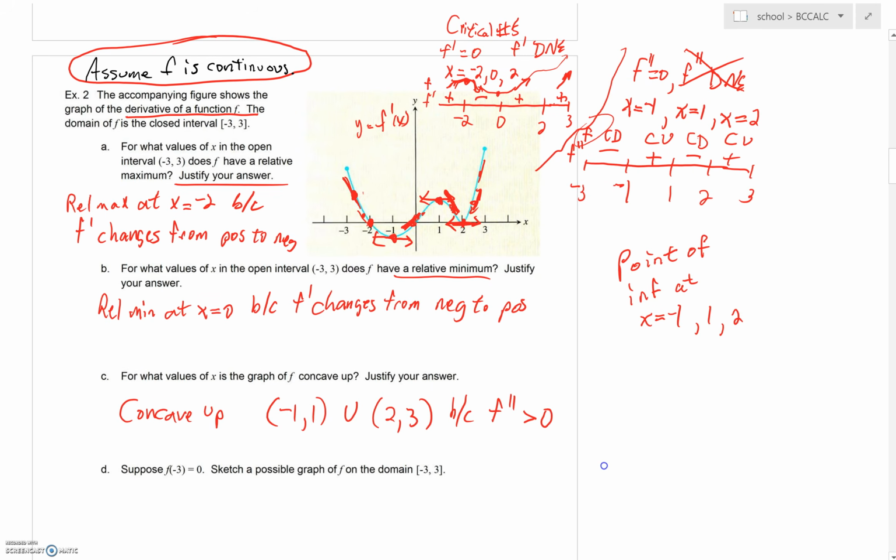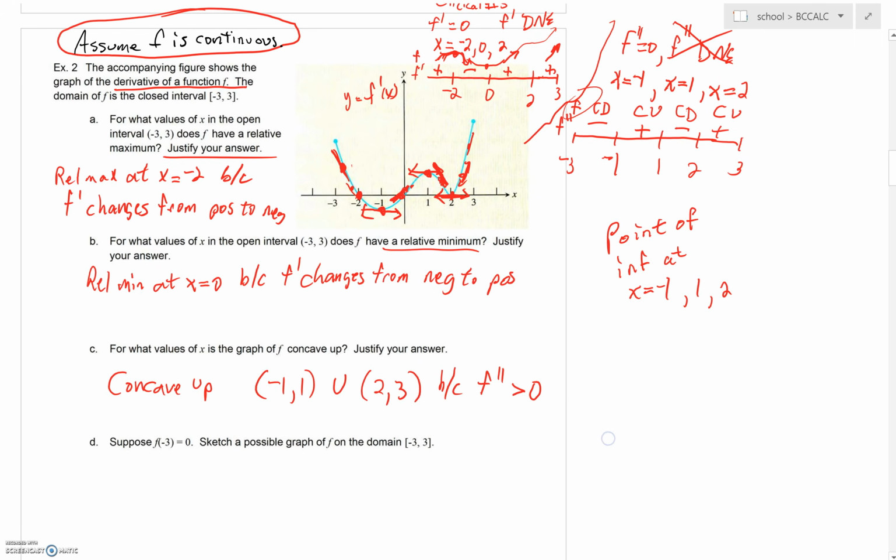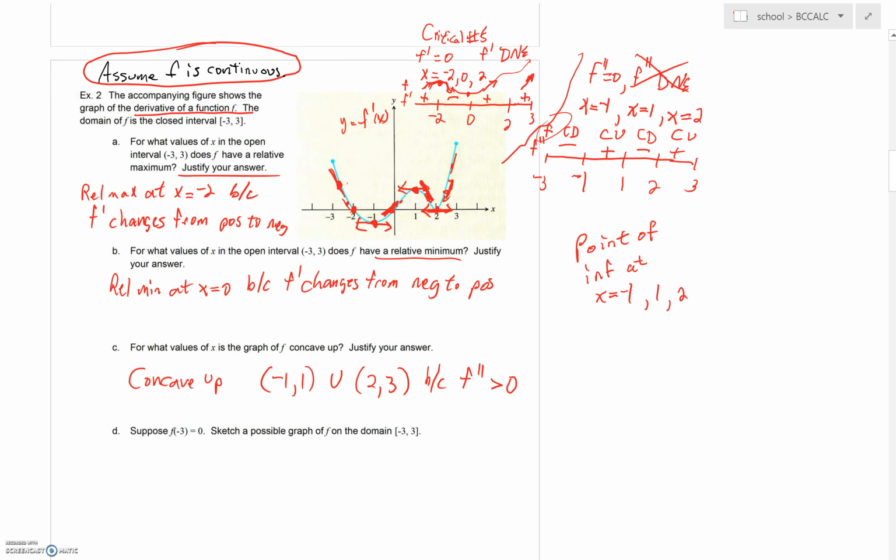Well, they're going to ask for us to make a possible graph. And I minimized the screen a little bit. Let's do that. I'm going to write this off to the side just so that we might have a little more space. Here's 1, 2, 3, here's negative 3, and here's 1, 2, 3 right here.